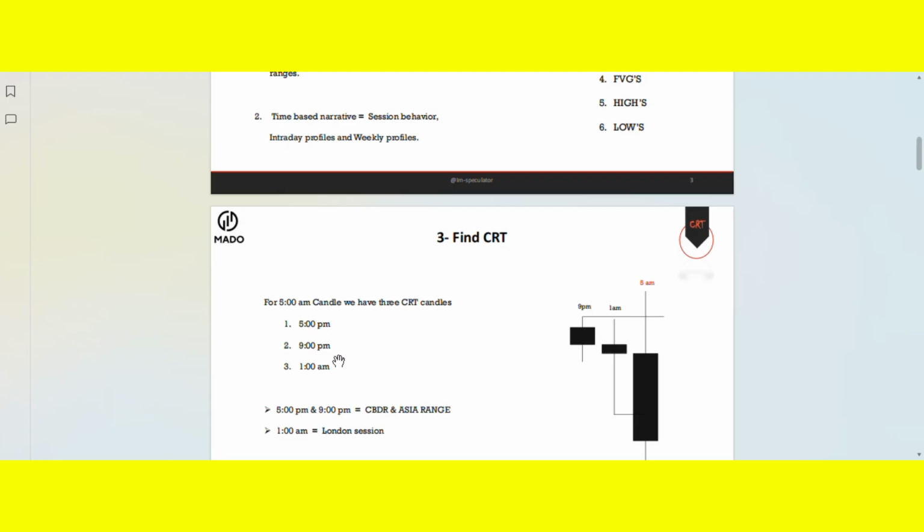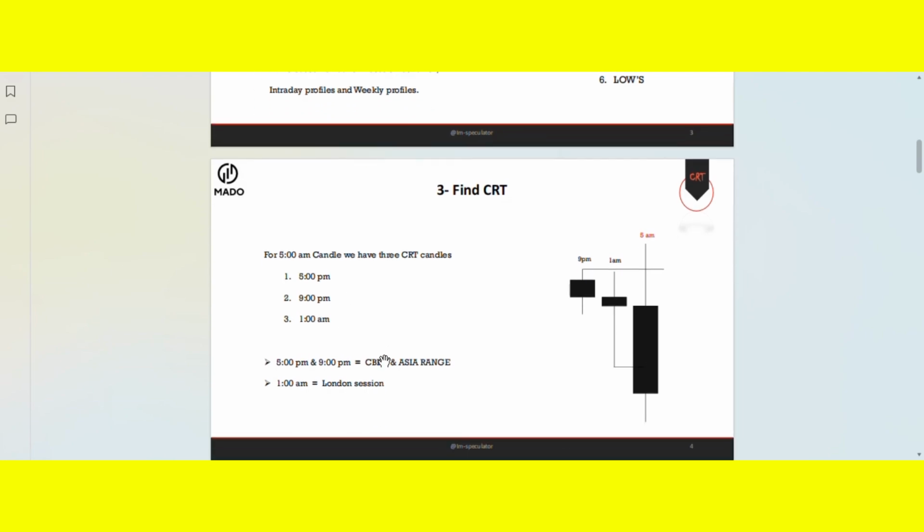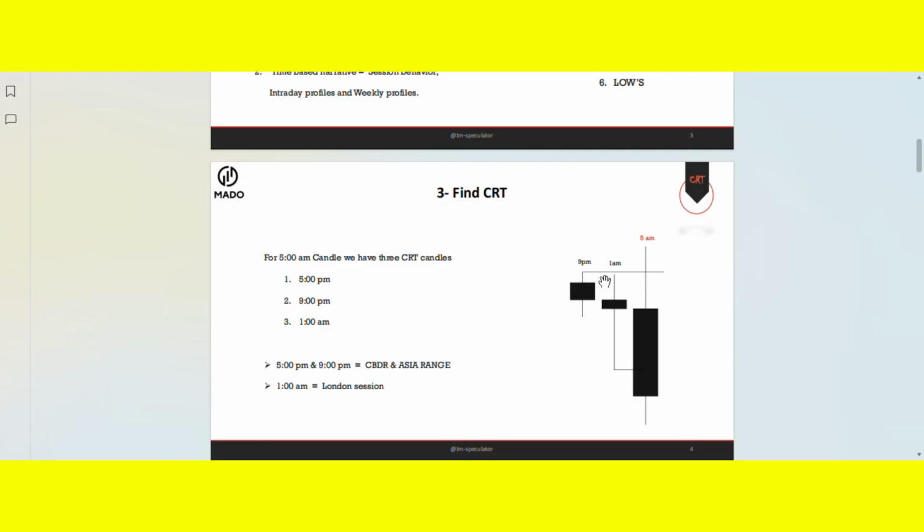We have the 5 p.m., the 9 p.m., and the 1 a.m., whereby the 9 p.m. forms the range, the 1 a.m. manipulates, and the 5 a.m. distributes. So for the 5am CRT, you have 3 candles, which are 5 p.m., 9 p.m., and 1 a.m.